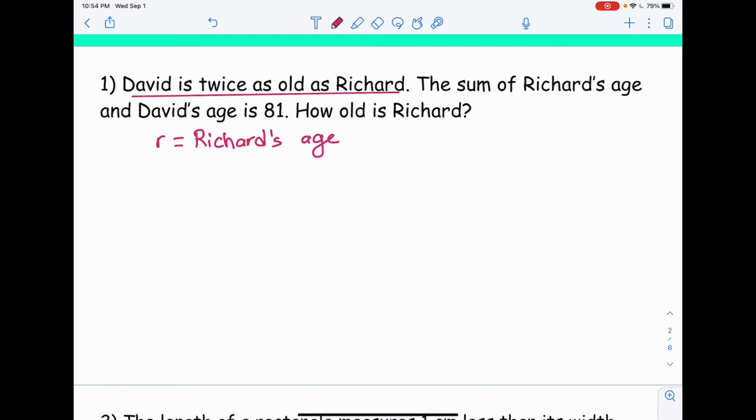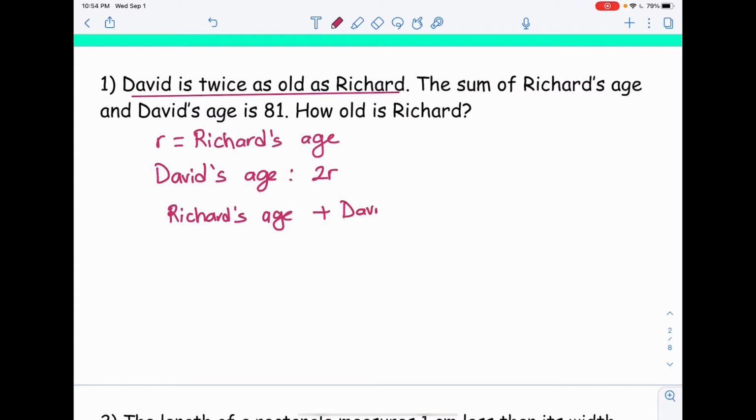Let's also write David's age in terms of R. And the sum of Richard's age and David's age is 81. Okay, let's substitute R for Richard's age and 2R for David's age.